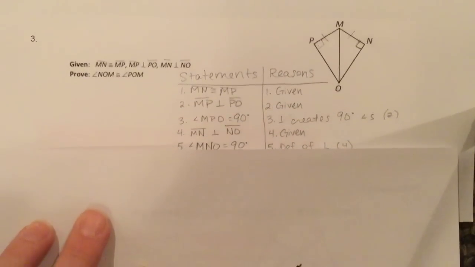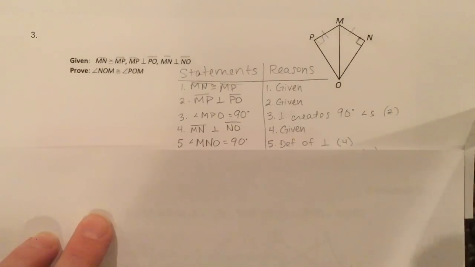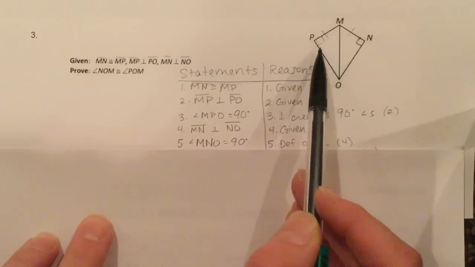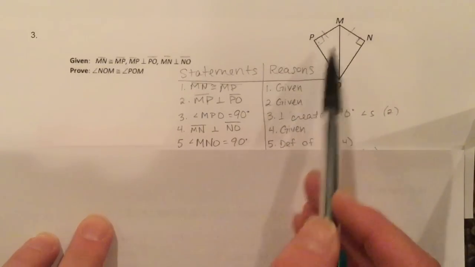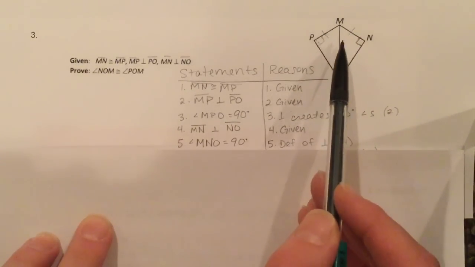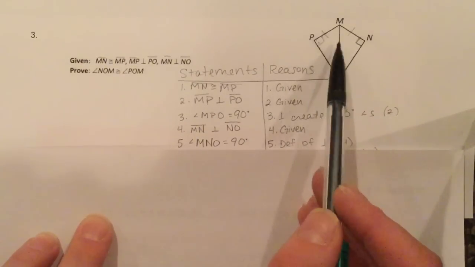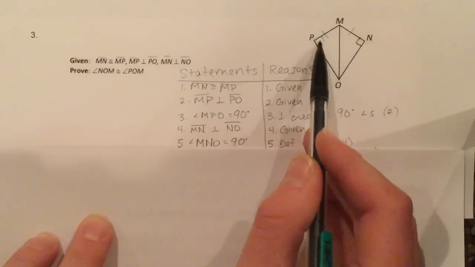Okay, my next statement. Let's think about this. If I'm trying to prove the two triangles are congruent, so far all I have is a side and an angle. So I'd have to get another side. Side-angle-side is okay, but I couldn't do side-side-angle. I'm not allowed to do that. But I could do hypotenuse leg, if I have right triangles.